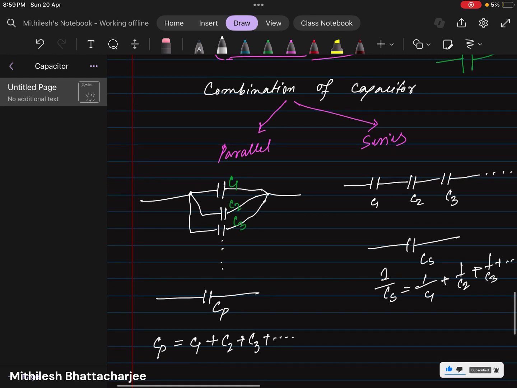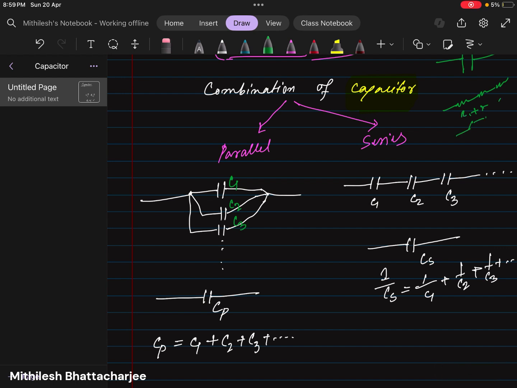We have to remember in case of capacitor, just the opposite of resistor combination. Like in case of resistor combination, if the series are there, we just add R1 plus R2 plus R3.